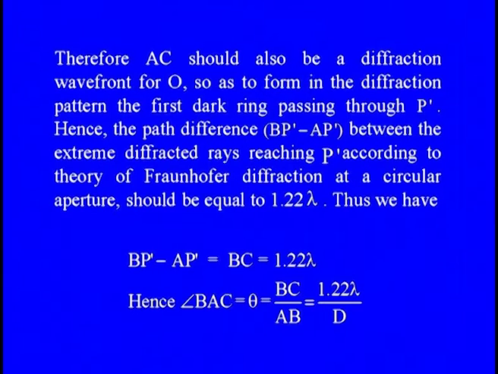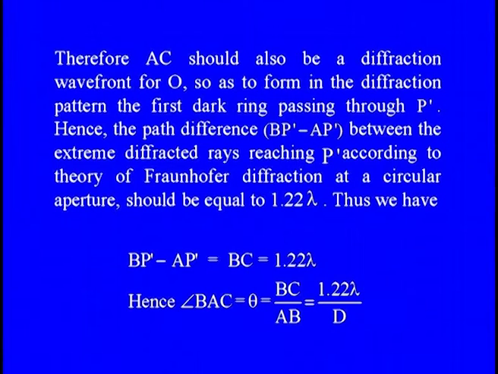Hence, the path difference BP prime minus AP prime between the extreme diffracted rays reaching P prime, according to theory of Fraunhofer diffraction at a circular aperture, should be equal to 1.22 lambda. Thus, we have BP prime minus AP prime equal to BC, which is equal to 1.22 lambda.